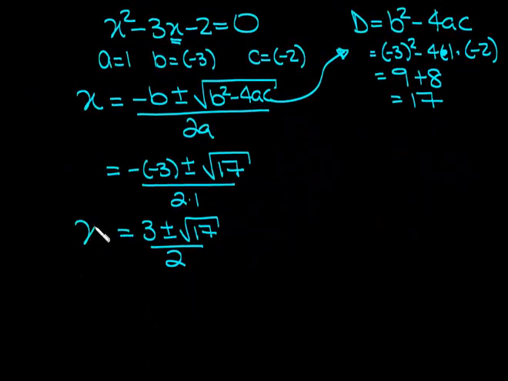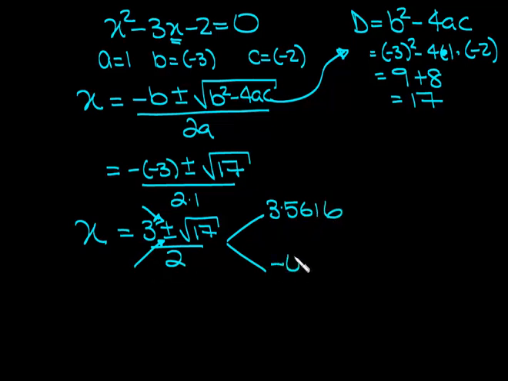Alright, so I have two answers here, one with the plus sign and one with the minus sign. If you do the one with the plus sign, you get a positive answer. You just punch this into your calculator, 3 plus square root of 17 divided by 2. So we get 3.5616. And when I use the minus sign, I get negative 0.5616.